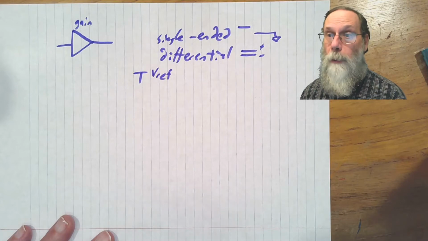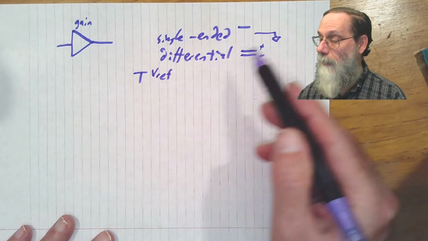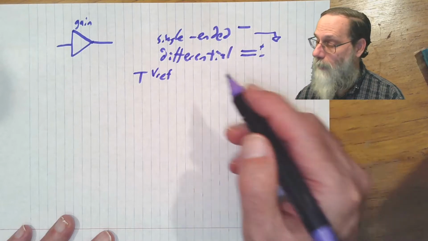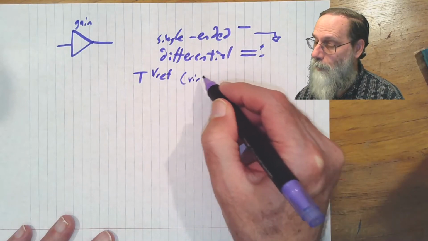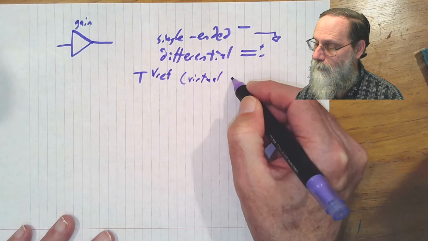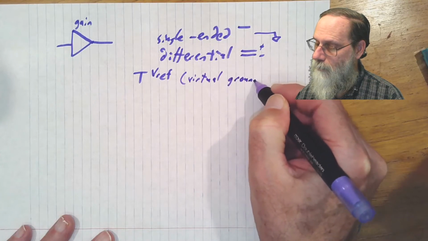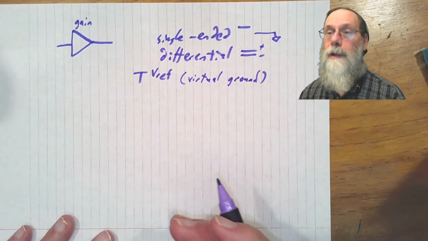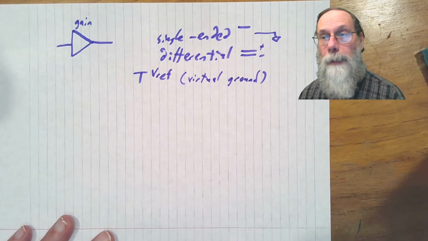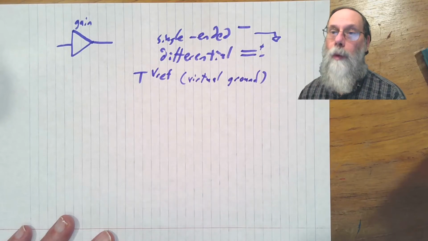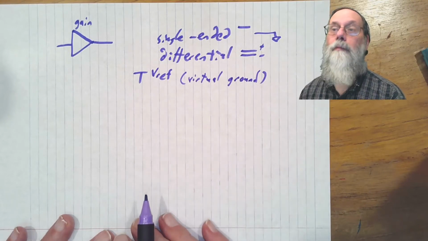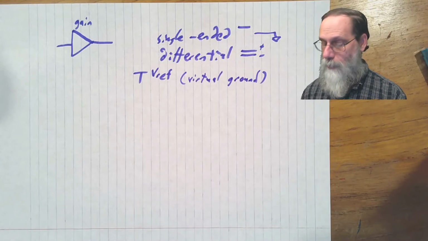And if you've got a dual power supply where you have both a positive and a negative power supply, Vref and ground are usually treated as the same. So Vref is sometimes referred to as the virtual ground. It's the voltage that we're going to compare other voltages to when we're looking at single-ended one-wire signals.